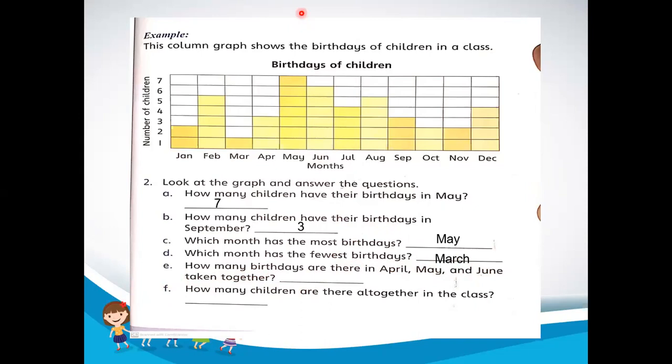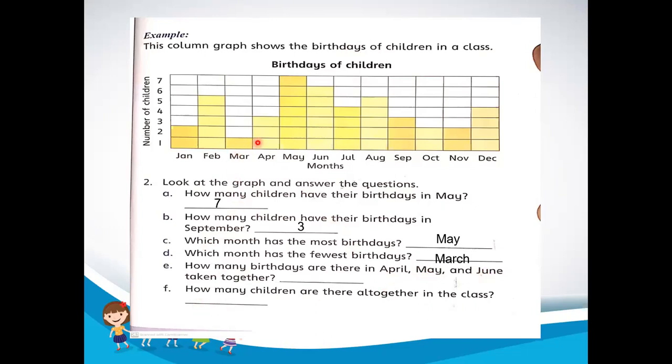Addition or subtraction? Plus. Yes, we will do the plus operation, addition. So we will add the number of students in April, May and June.